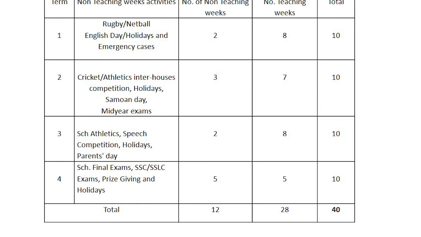So the total number of teaching weeks is 28. Your plan should be based on this number out of 40. The total number of school weeks should be 40, because there are 4 terms and 10 weeks for each term. So your plan should be based on 28 weeks.